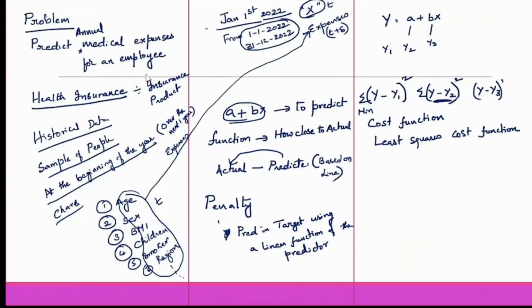Otherwise, we could have used the absolute value of y minus y1. But absolute does not penalize bigger differences more compared to smaller differences. All of them are penalized equally. Whereas the squared function penalizes larger differences more compared to smaller differences.